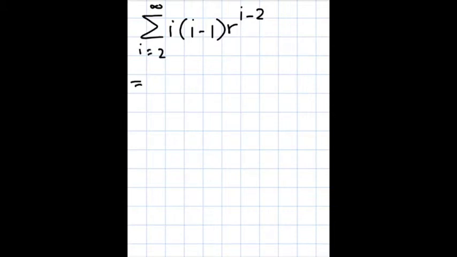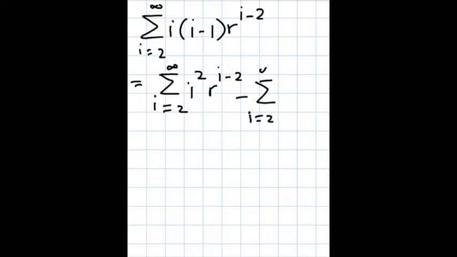This is equal to the sum from i equals 2 to infinity of i squared r to the i minus 2, minus the sum from i equals 2 to infinity of i r to the i minus 2. Now remember that we want to find the summation whose index starts from 1, but the summations here have their index starting from 2.